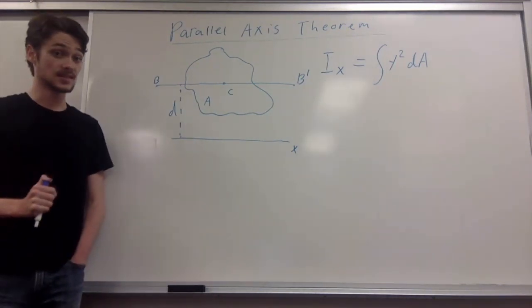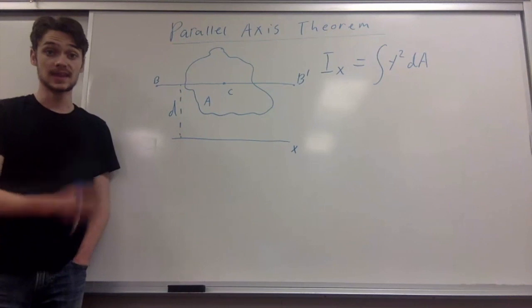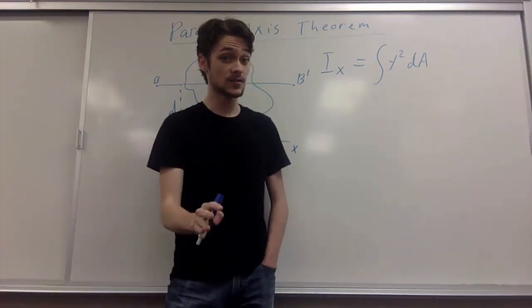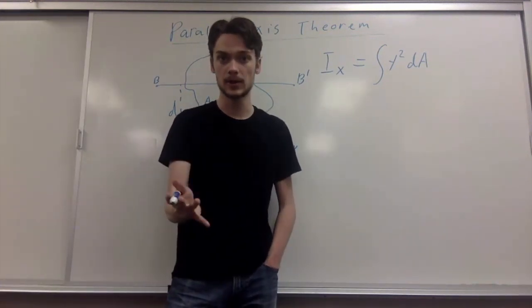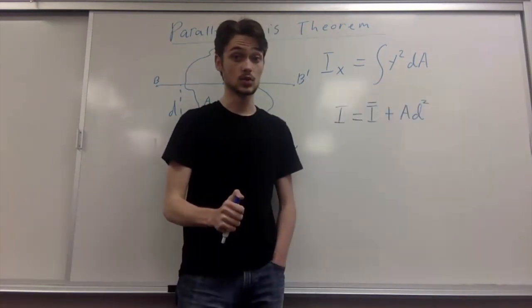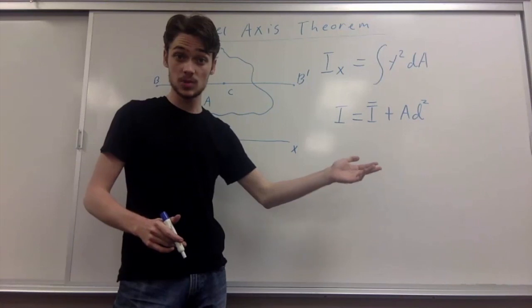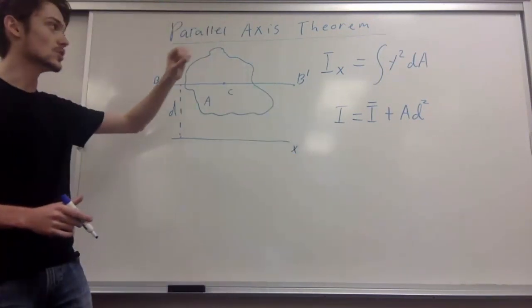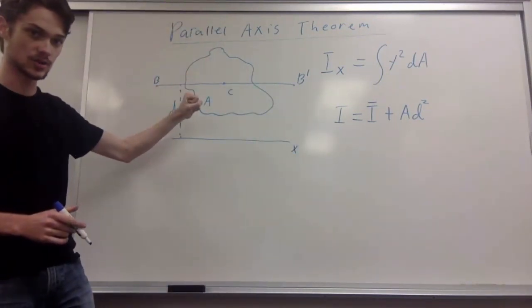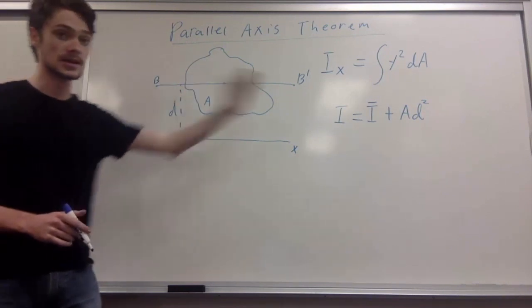There is some distance between b prime and the x-axis, and using all that information we can finally write the parallel axis theorem. I is equal to I bar plus A d squared, where I bar is the second moment of inertia with respect to the axis running through the centroid. It is with respect to b prime.